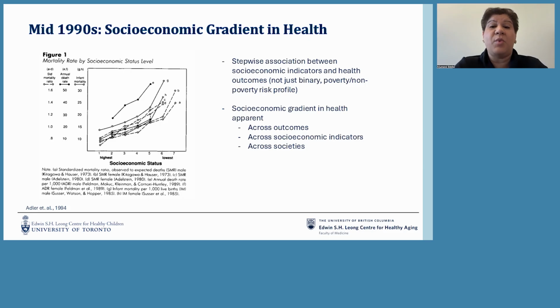It's a stepwise association between how resourced you are socioeconomically and what your health status is likely to be. And Professor Adler and her colleagues pointed out that we see this relationship across every health outcome that we've studied, across various socioeconomic indicators, and across all societies in which we've been studying this relationship.